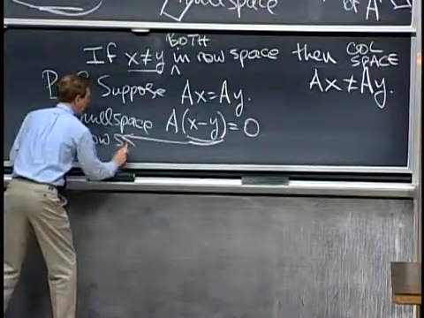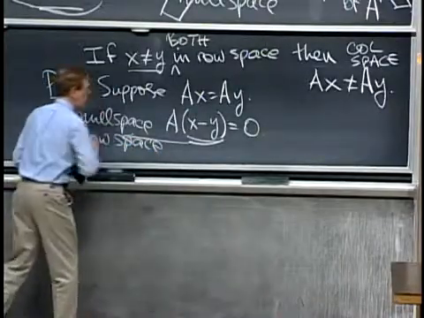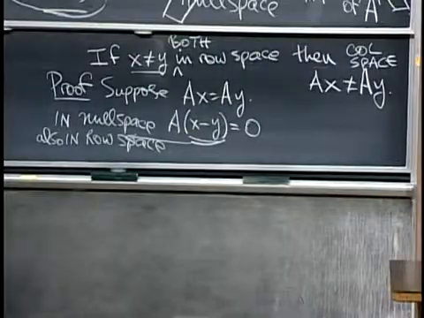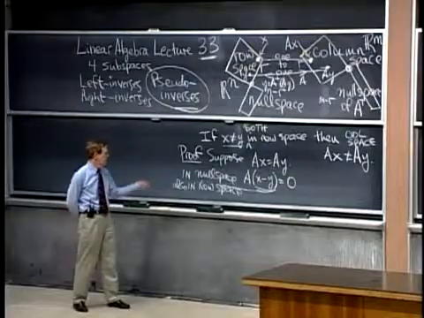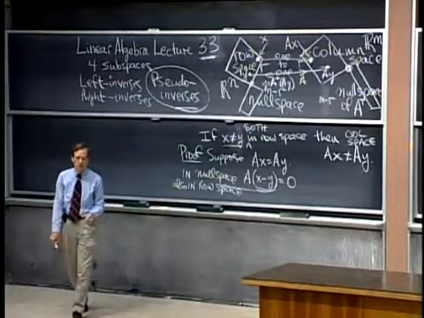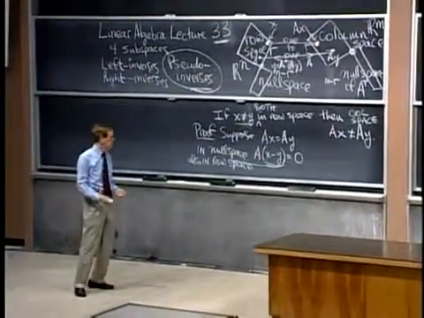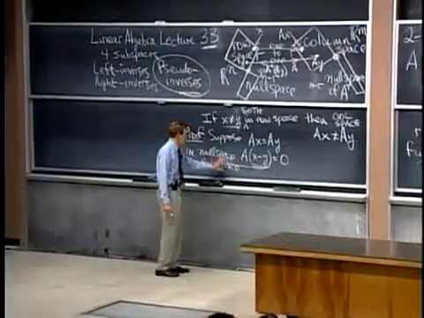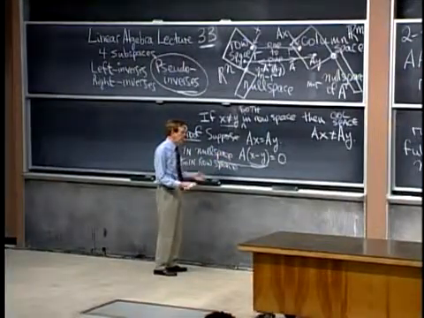So what? Now I've got a vector x minus y that's in the null space, and that's also in the row space. So what vector is it? It's the 0 vector. So I would conclude that x minus y had to be the 0 vector.